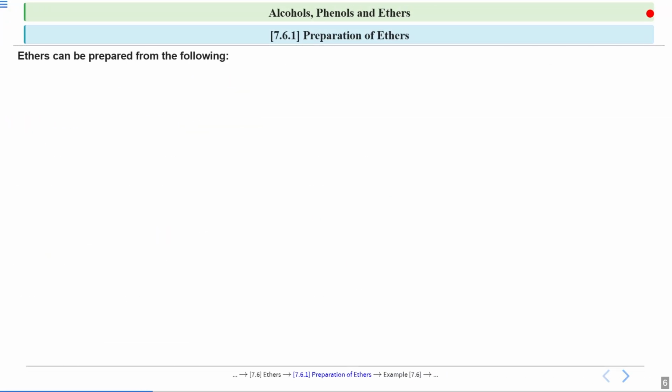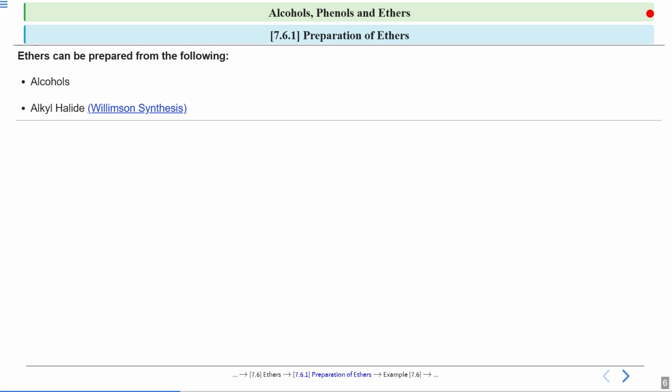Now let us move to the preparation of ethers. Ethers can be prepared from the following reactions. Ethers can be prepared from alcohols. You will see how we treat alcohols under certain conditions, which gives us ethers. And next is from alkyl halides, and this process is called Williamson synthesis.